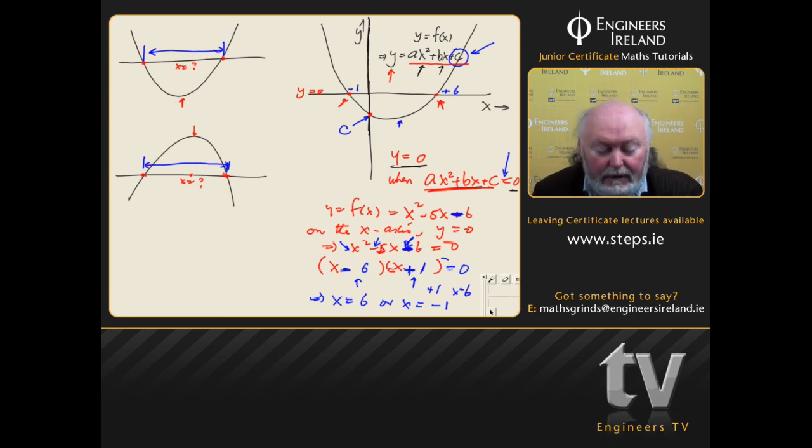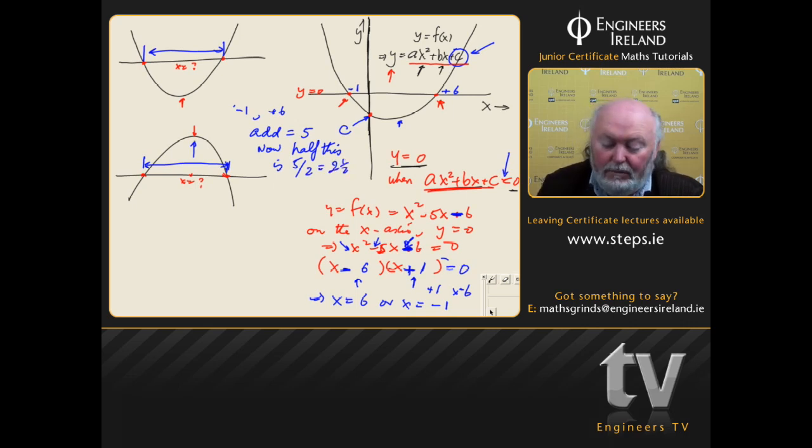That's where you'll find the peak. So in our example over here, we have minus 1 and we have plus 6. If we add those together, so in this case, when x is 2.5, we will get the minimum value.